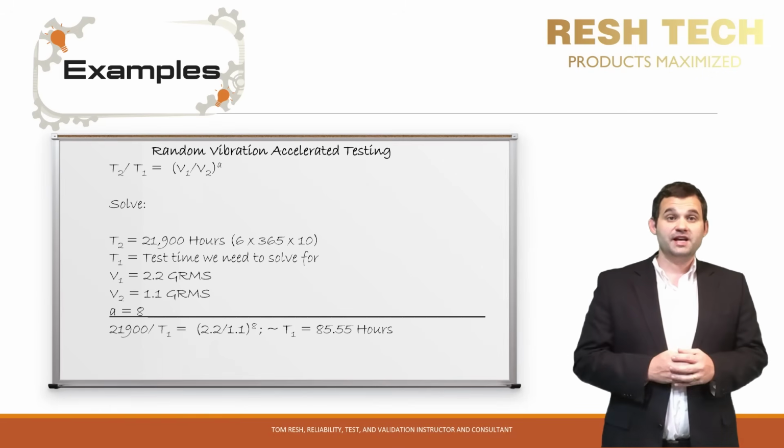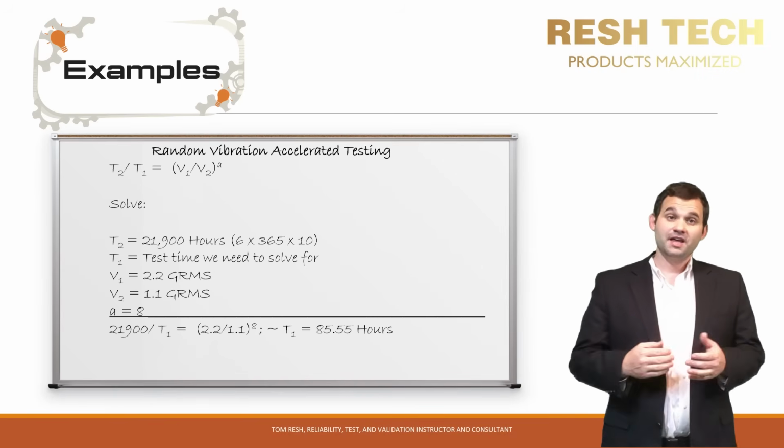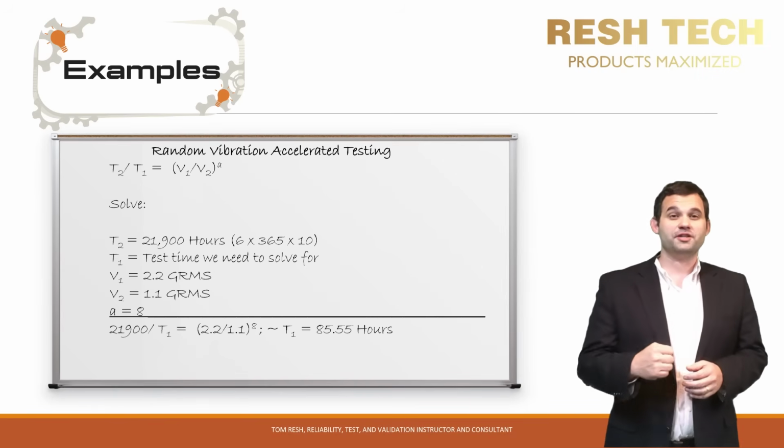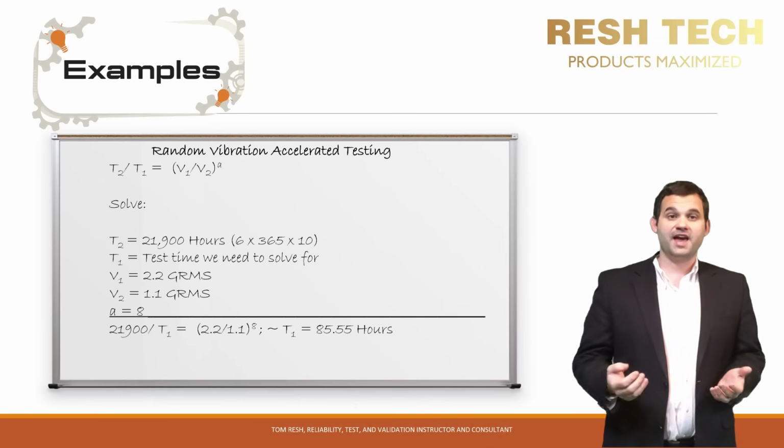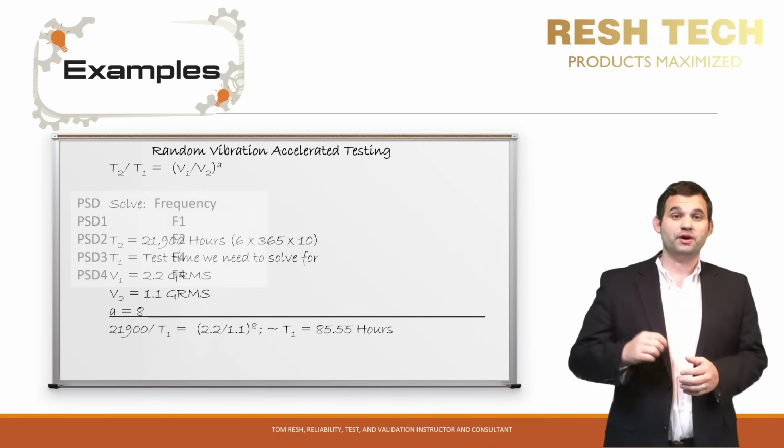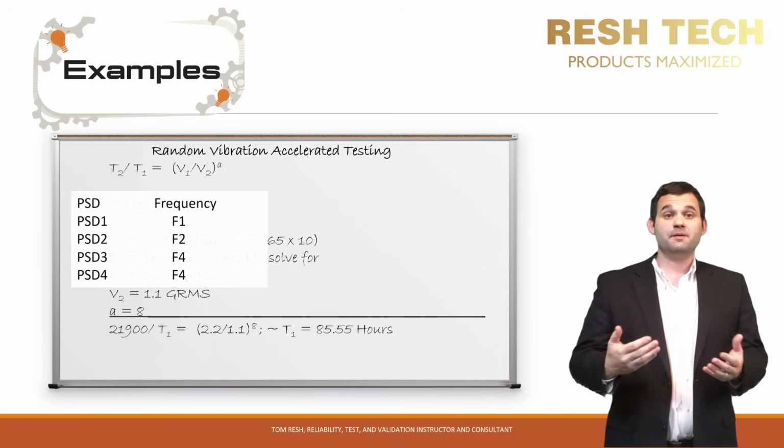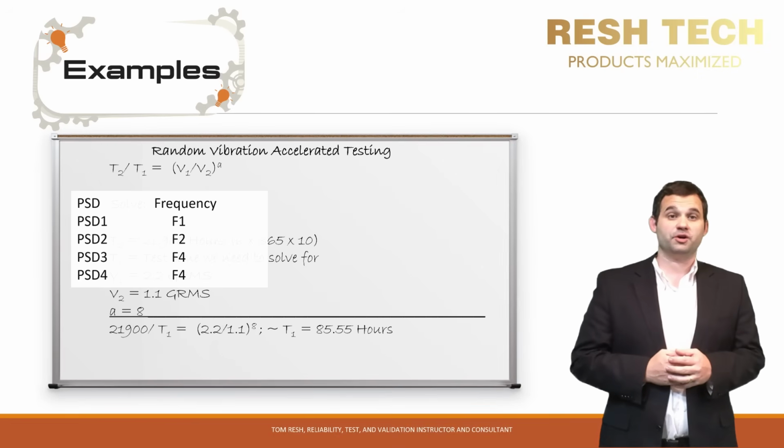Now all you gotta do is scale your GRMS from 1.1 GRMS to 2.2 GRMS and run the test for 85.55 hours. Now if you have a boring job and you have all the time in the world, go ahead and do a hand calculation for all of these breakpoint PSD and frequencies to come up with your 2.2 GRMS.